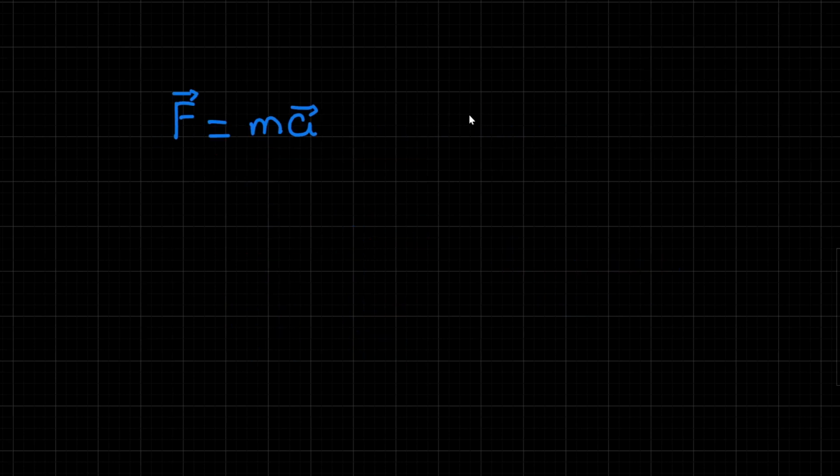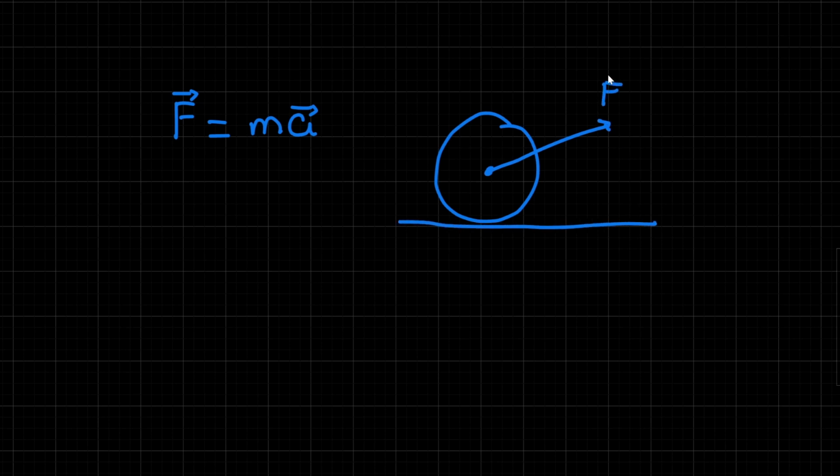And because this is a vector, for example, if a ball on its surface has a force F acted on it, then of course you will have the components too, right? So this is maybe Fx, and this is Fy, and let's call this theta, right?